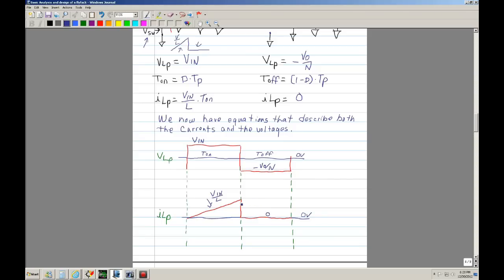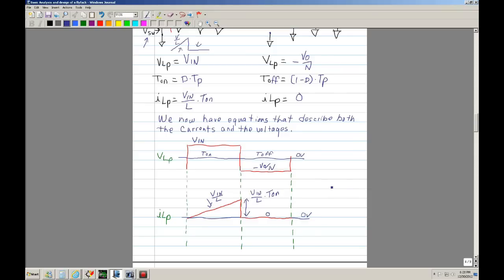And this peak, how high it changes, is expressed by Vn divided by L times T on.